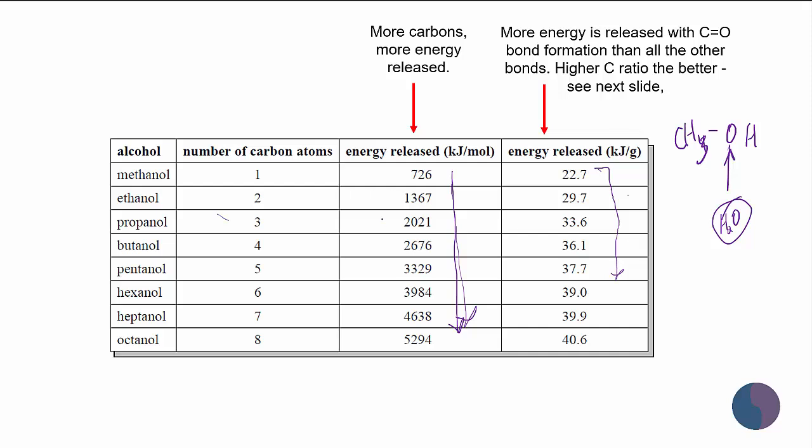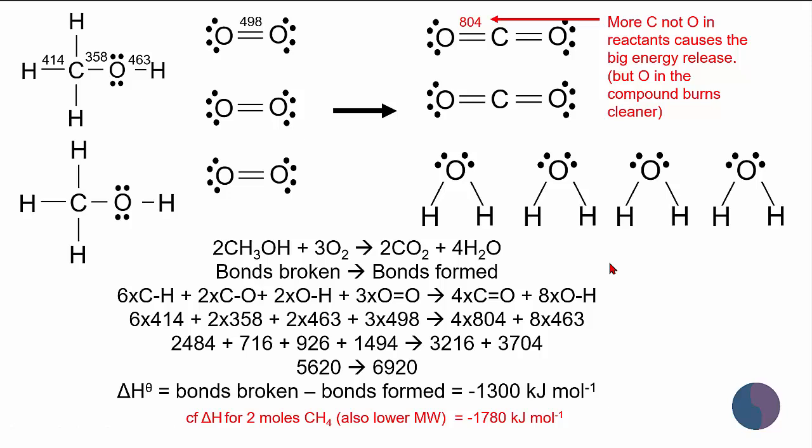The reality is methane's got more carbons, and a higher carbon to oxygen ratio. It's the carbon-oxygen bond that's really stable and releases the most energy. So having the least number of oxygens makes it more energy dense, but it also releases more carbon dioxide because that's where you're getting the energy from.